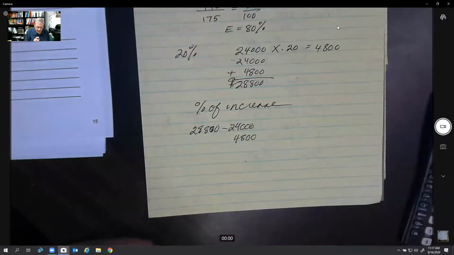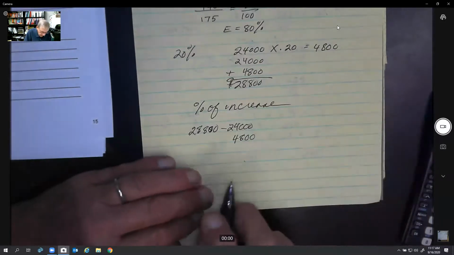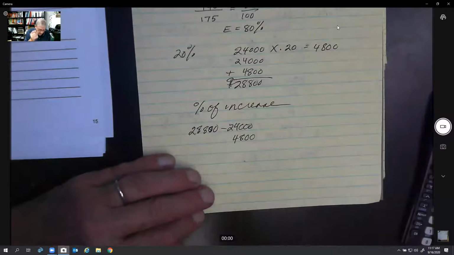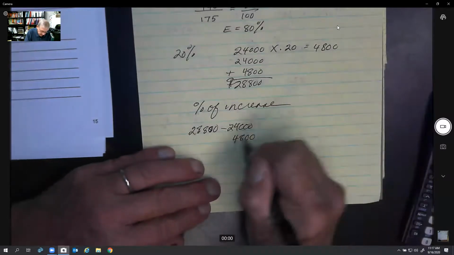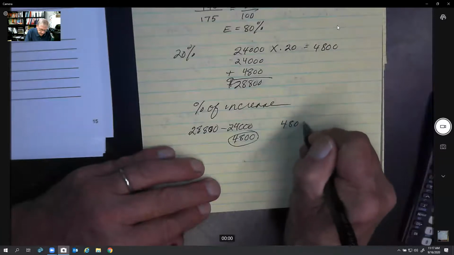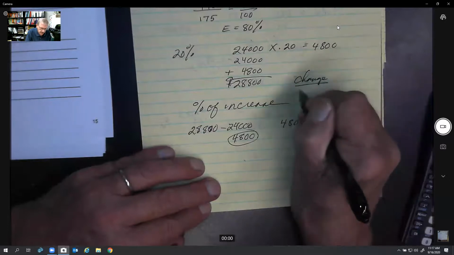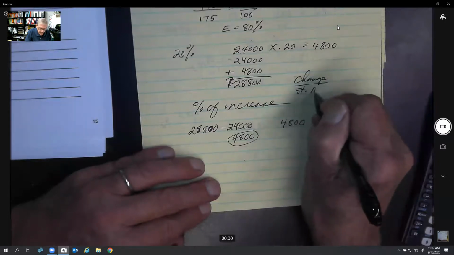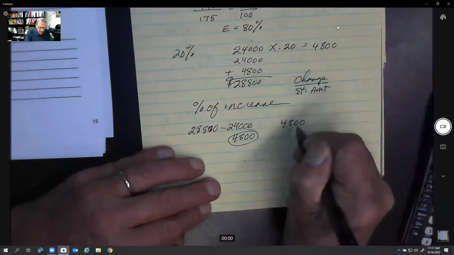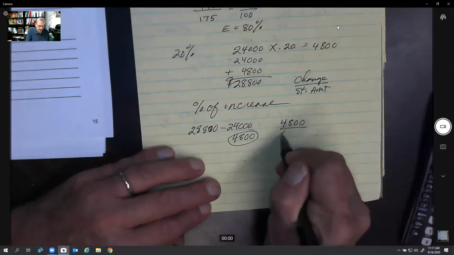So the way we're going to set up percent of increase is, the change, that's what this is. I'm going to write it out here, change over the starting amount. Don't put it over what you're making now. Put it over the starting amount.